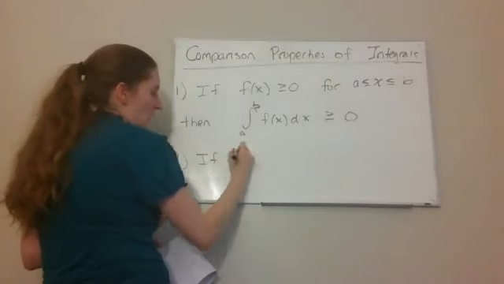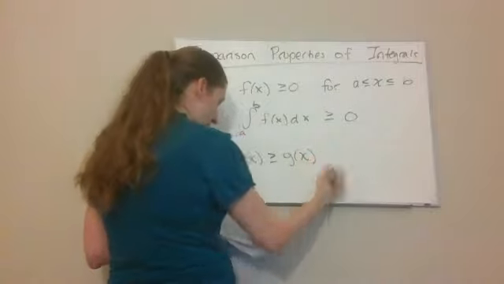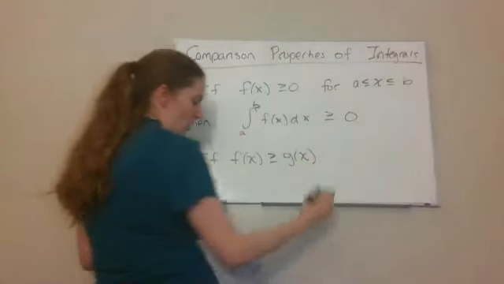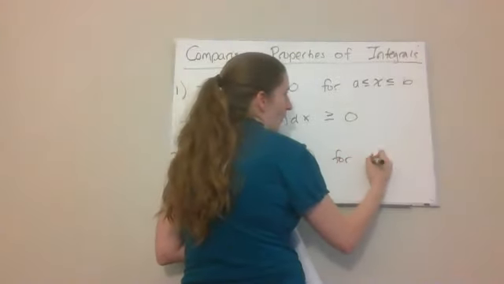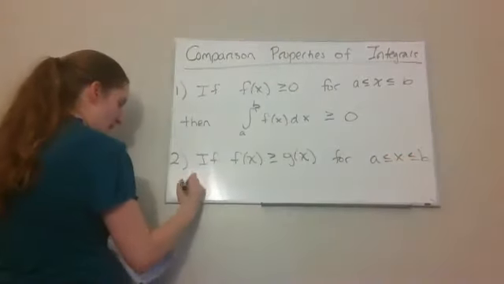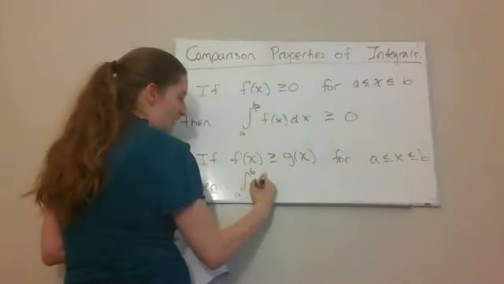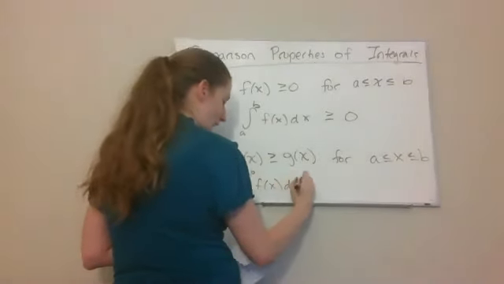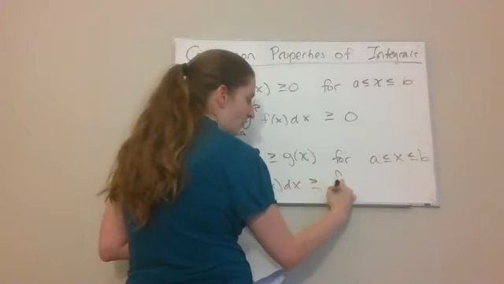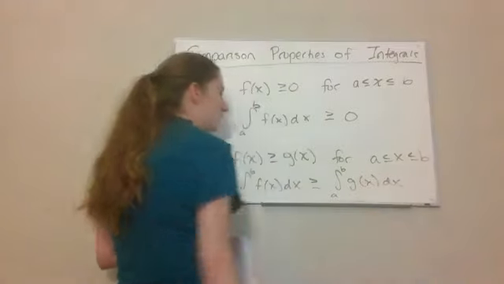Also, if we have two functions and f is greater than or equal to g for all of the x values between a and b, then the definite integral of f is going to be greater than or equal to the definite integral for g.